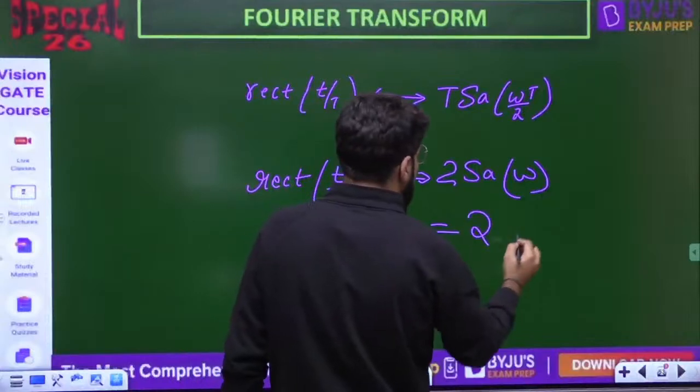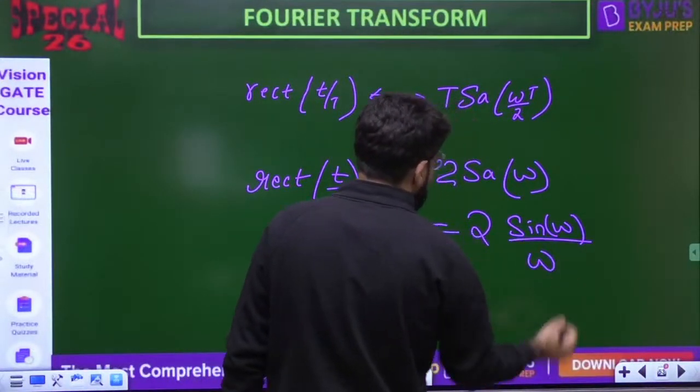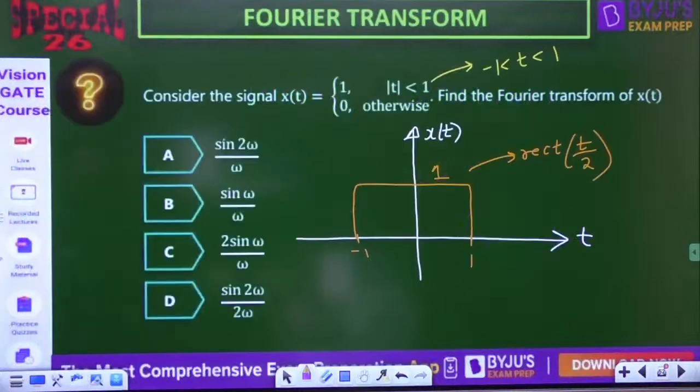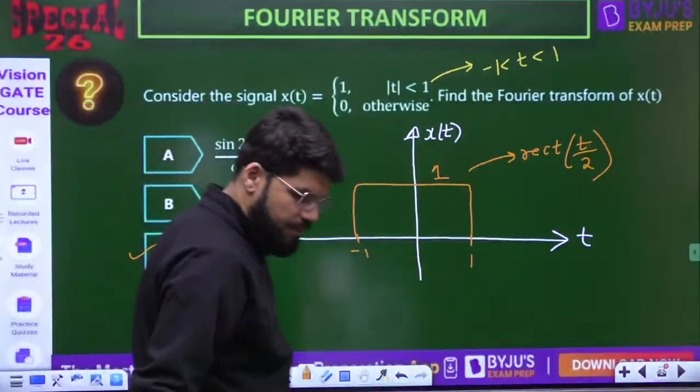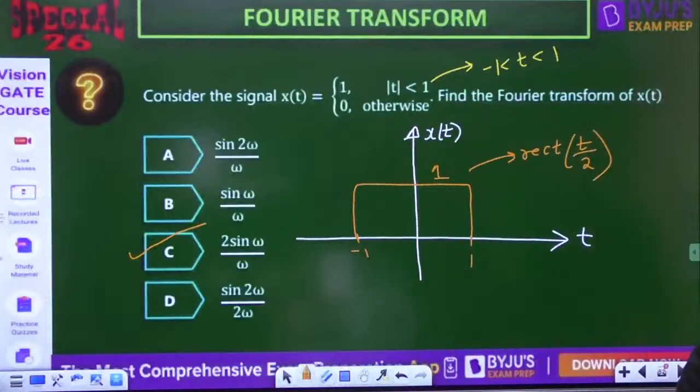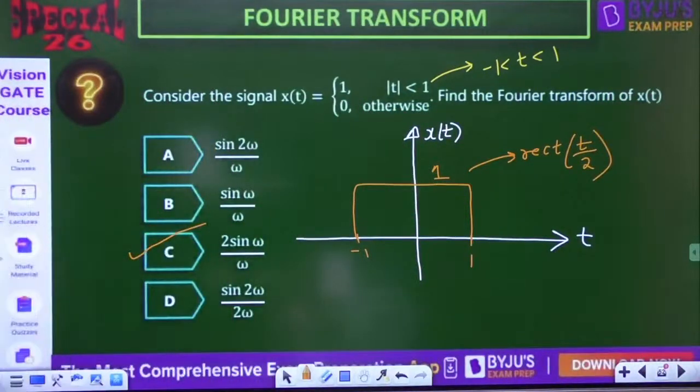We know the definition of sampling omega: it is sine omega by omega. So the answer should be 2 sine omega by omega. That is option number C.